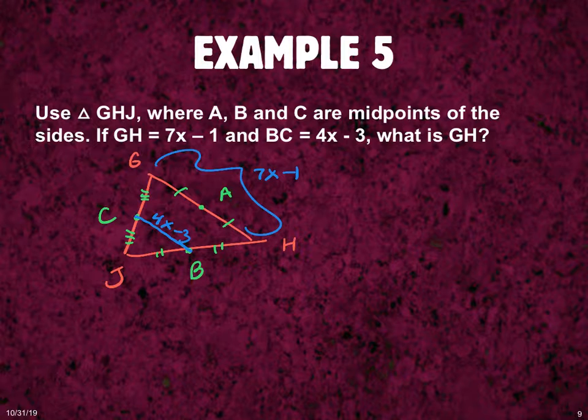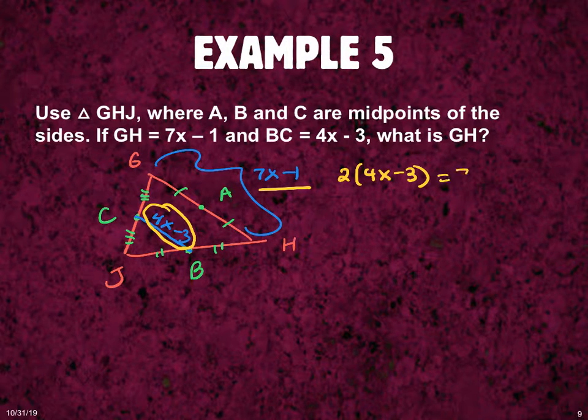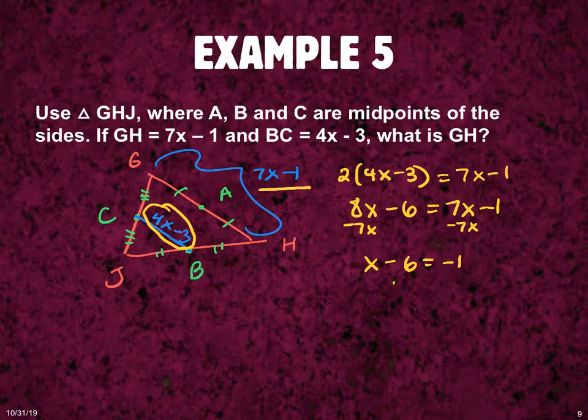What's GH? So remember, the relationship is that 2 times this equals this. So 2 times 4x minus 3 equals 7x minus 1. 8x minus 6 equals 7x minus 1. Subtract the 7x. Add the 6.